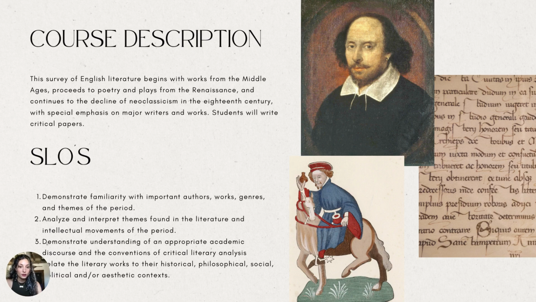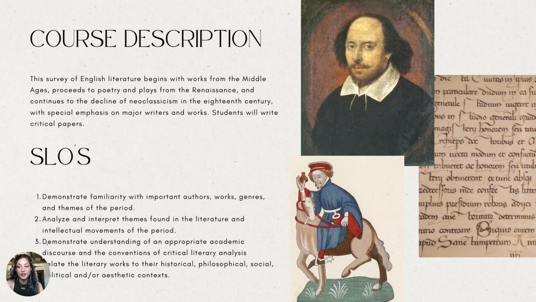This is the official course description. It reads, this survey of English literature begins with works from the Middle Ages, proceeds to poetry and plays from the Renaissance, and continues to the decline of neoclassicism in the 18th century, with special emphasis on major writers and works. Students will write critical papers. So that's kind of vague.